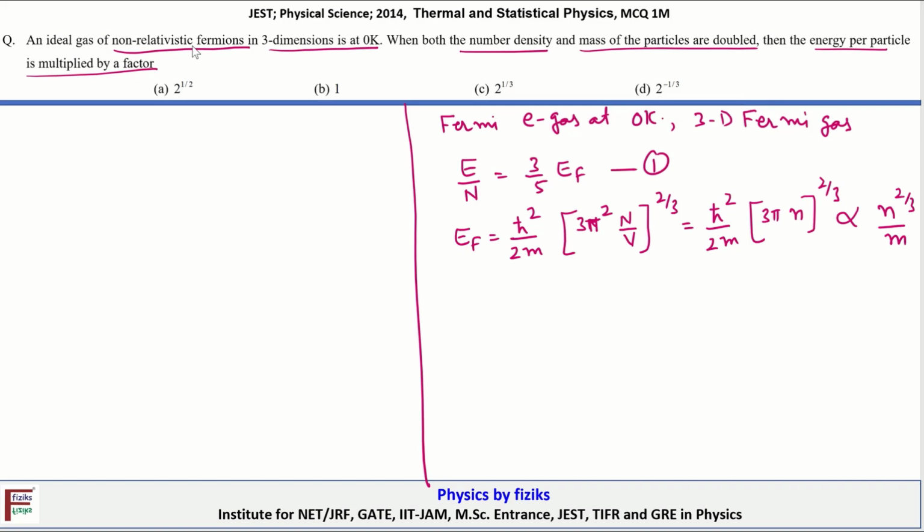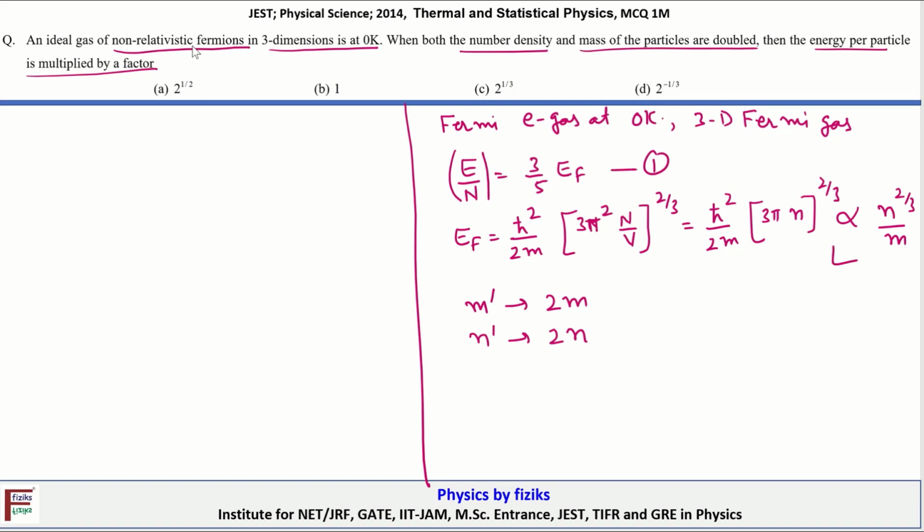Now we are given that the mass of the particles is changed to twice the mass, and the number density n dash becomes twice the initial density. Then how does the average energy per particle change?